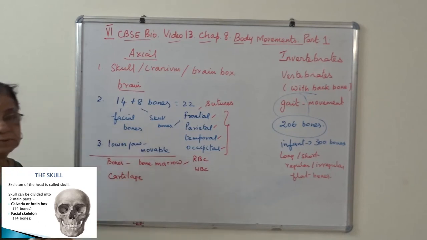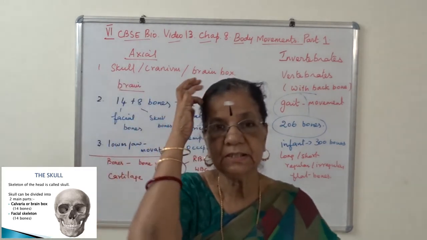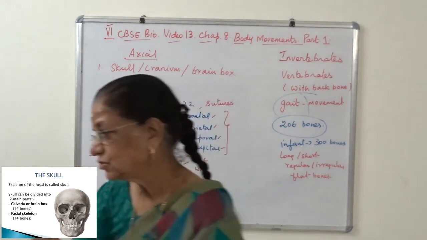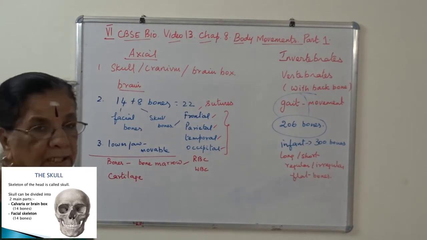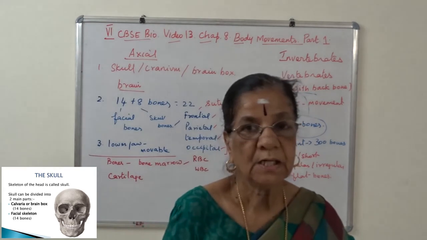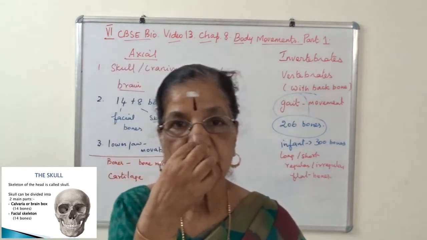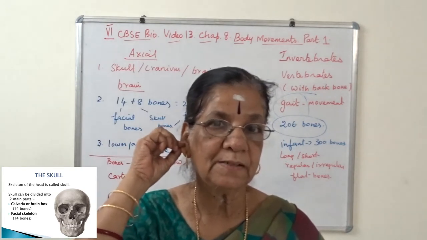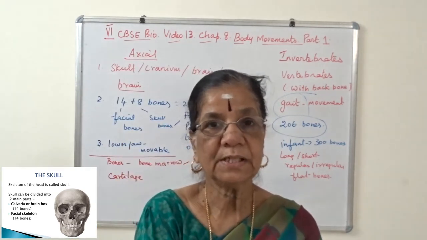Cartilage is a soft tissue, a kind of tissue found at the ends of the bones. Normally the nose tip and the pinna of the ear are not very hard.